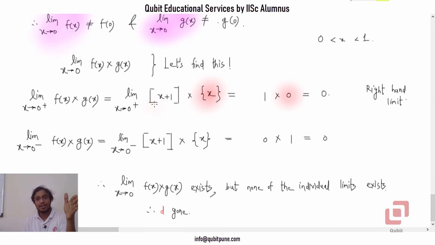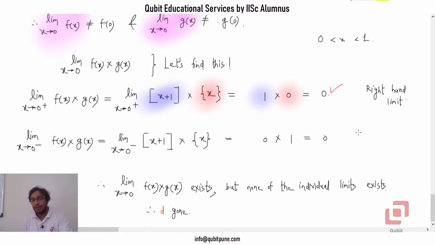And what is the limit of box x plus 1 as x goes to 0 from the right? The x plus 1 part will be greater than 1, so its limit will be 1. Using the algebra of limits, as both right hand limits exist, we get the result to be 0. So the right hand limit is 0.